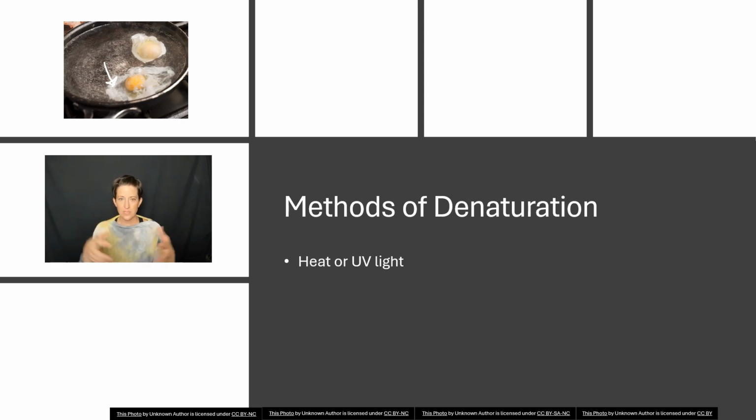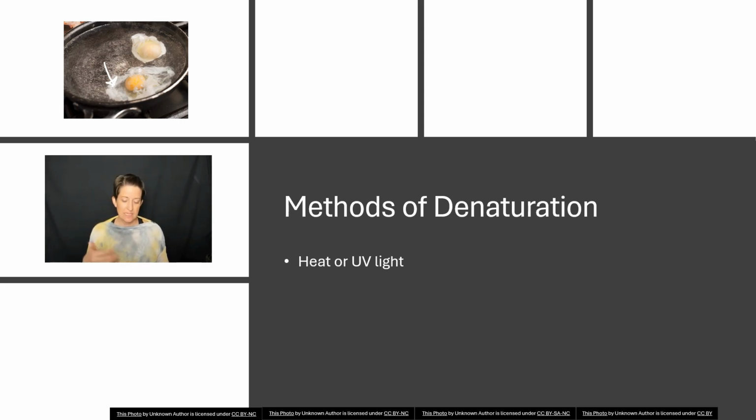So translucent egg white is our folded functional proteins. The white of the egg whites, when it's cooked, they have been unfolded, denatured, and they restructure so light can't pass through. This process is irreversible. You can't uncook an egg yet.